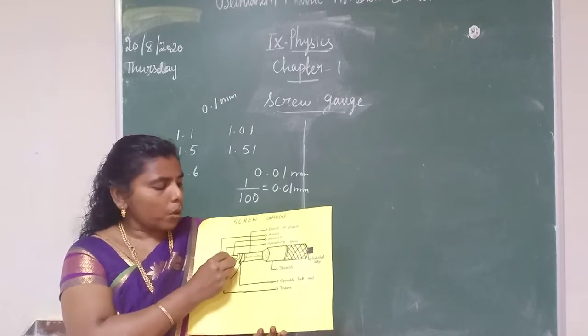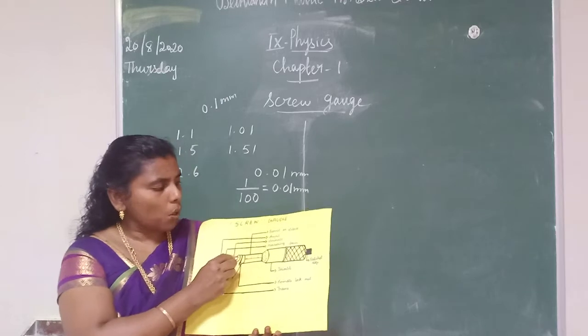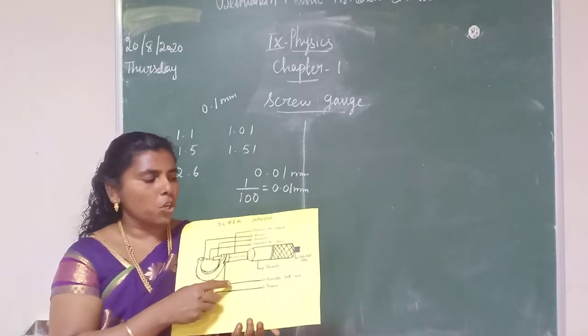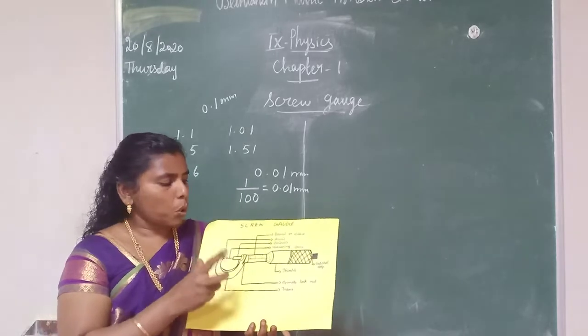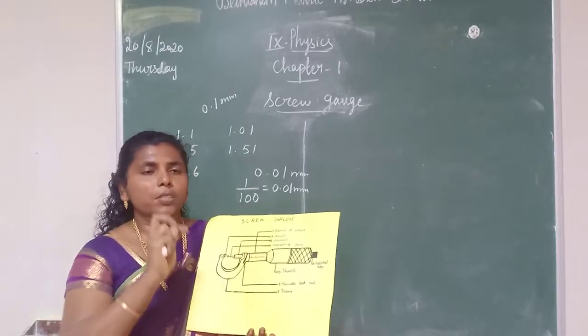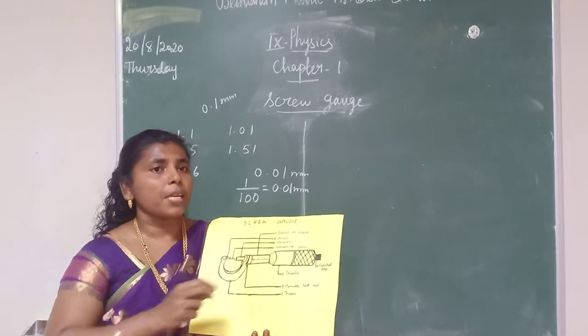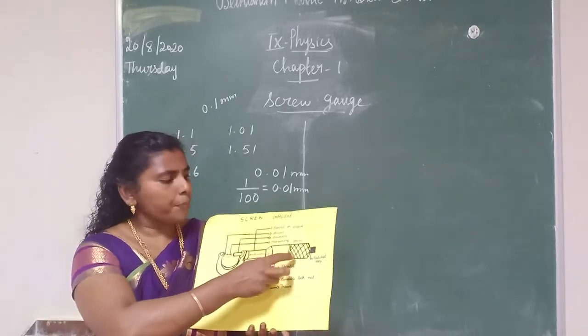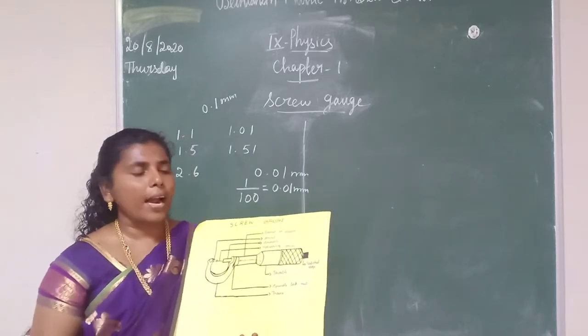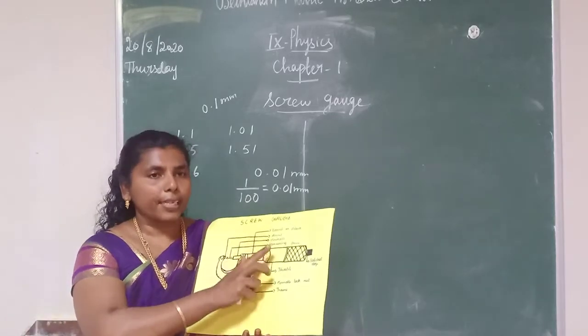These are the description of the screw gauge. One thing you have to note: two types of scales are used here, the pitch scale and the head scale. The head scale has 100 divisions.